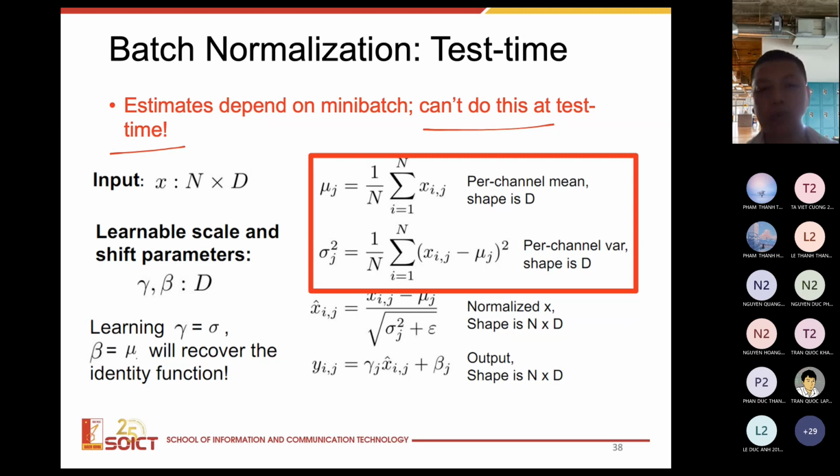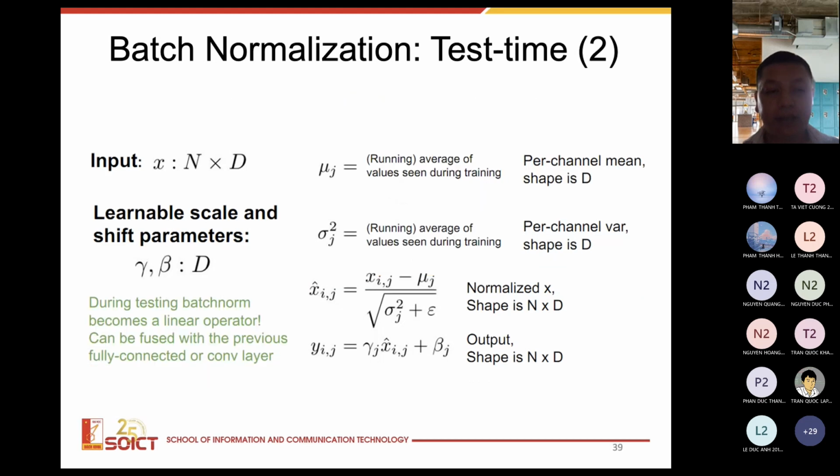So how do you evaluate the model with batch normalization at that time? Do you have any idea? Any idea?